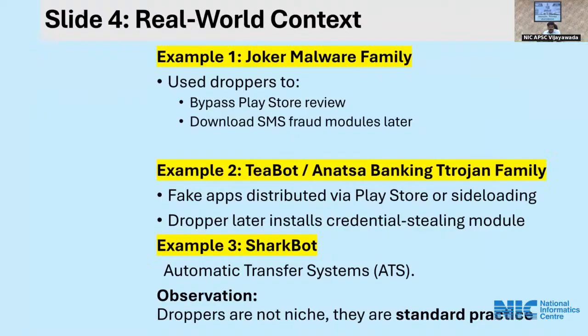But after installation, the dropper waits for a trigger, sometimes a specific day or a specific time of day. Sometimes a user action like scanning a QR code. Once triggered, it downloads the full banking Trojan.